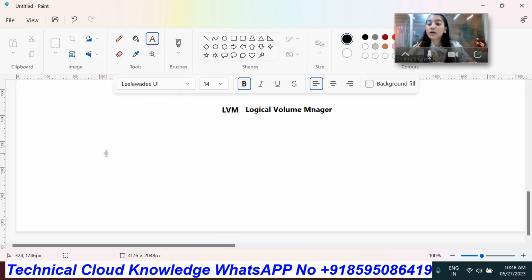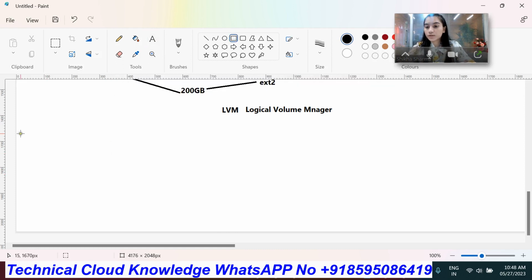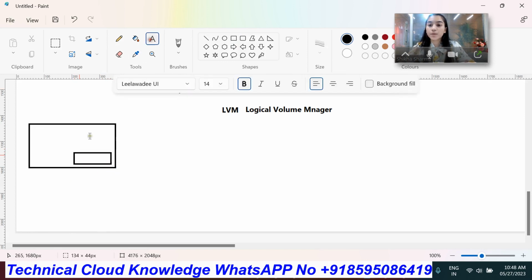Okay, so the LVM concept says, suppose there is a physical server on which a hard drive of about 500 GB has already been set up.